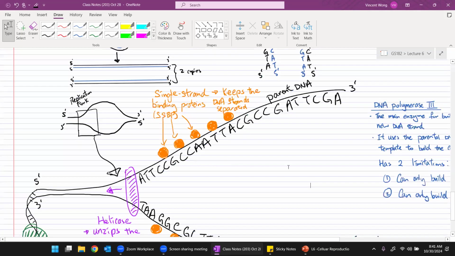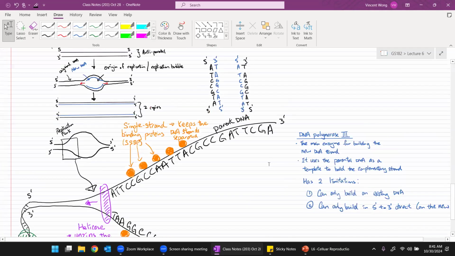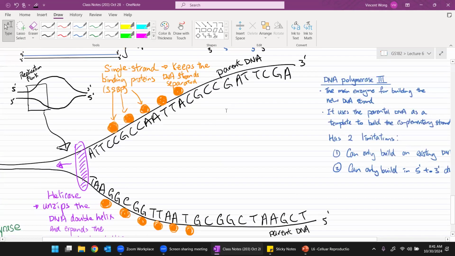All right. So we have the replication bubble here. We have the original parent DNA, and we want to make the missing half. But like I said, the DNA polymerase 3 does not want to start on its own. It cannot start without someone doing a few nucleotides first. Okay, and that's where another enzyme is going to come in.